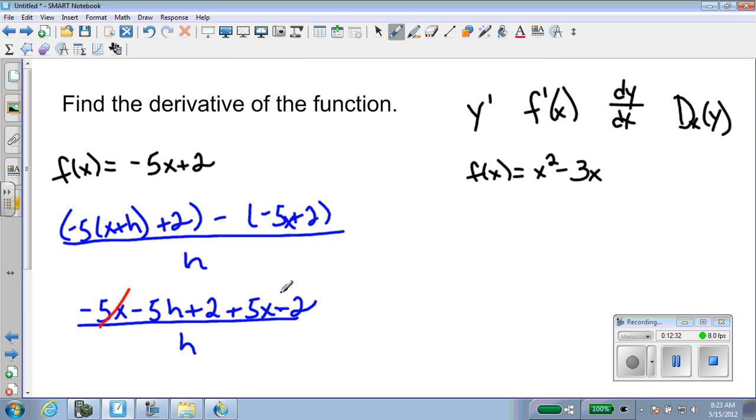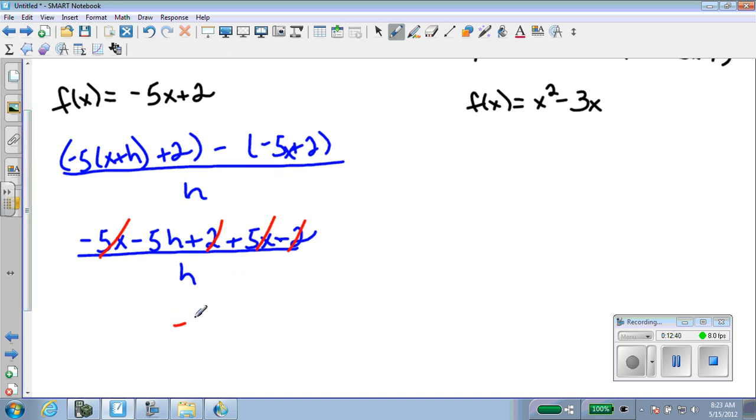The 5x's cancel, the 2's cancel. We've got negative 5h over h, which is just negative 5. The limit as h goes to 0, there is no h, this is a constant, so it is negative 5. So the derivative is negative 5.